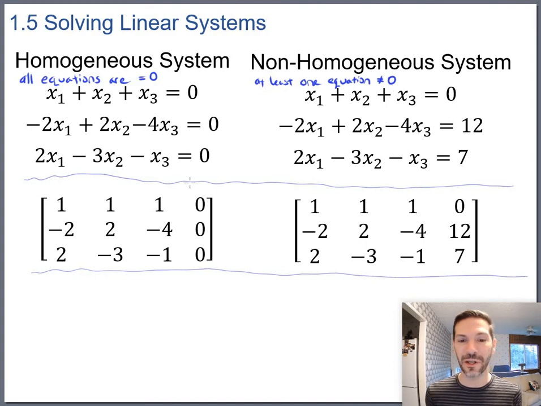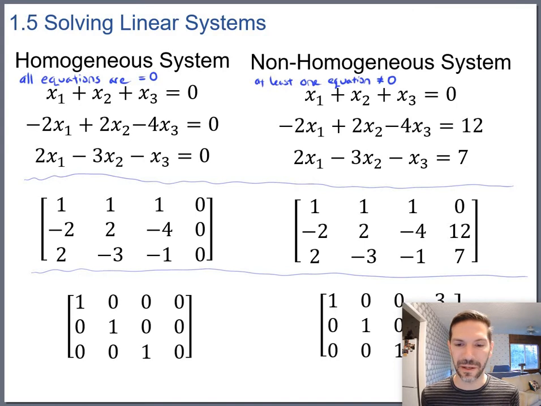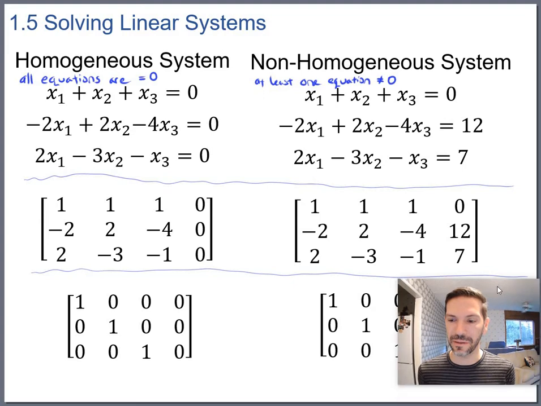You should be able to look at the matrices and say the one on the left is homogeneous and the one on the right is non-homogeneous, as long as you know they're augmented matrices, meaning they represent a system of equations and not just coefficients. Then the next thing to do is to row reduce and take a look at the solution.